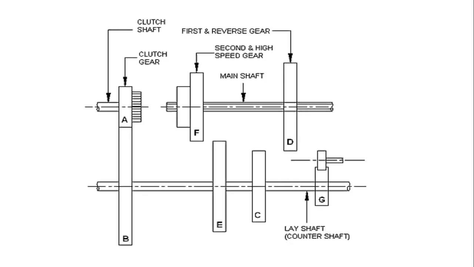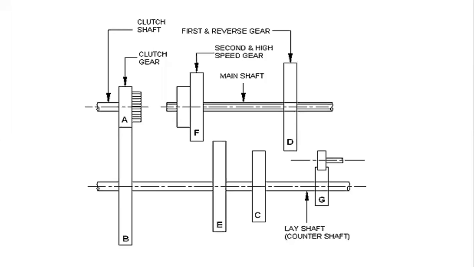So whenever there is an uphill, what will you do? You will be going for lower gears. When you are starting the vehicle, you will always put the first gear so that it will attain a certain speed. So in the first gear, torque will be maximum, speed will be minimum.